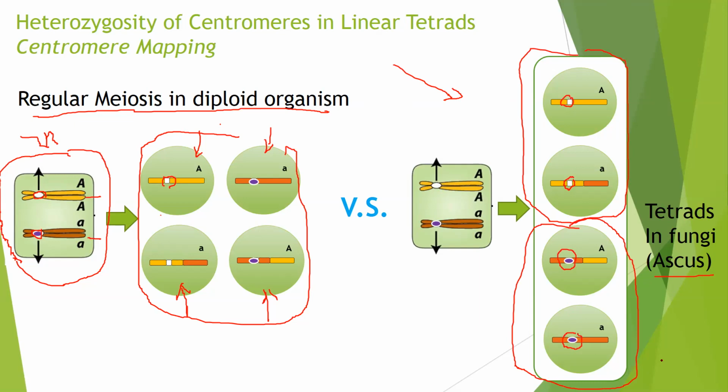I hope this is clear. This is a very nice feature because they cannot move; they are held together, nicely arranged in this linear way. This gives us a very nice opportunity to study the genetic map by using this haploid model organism.